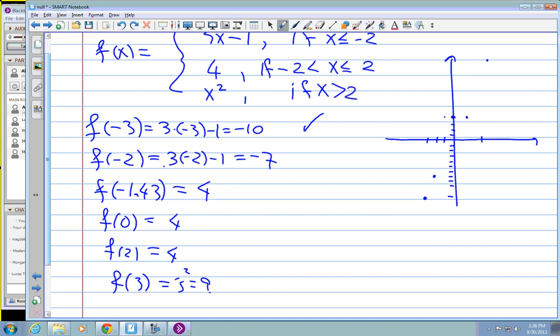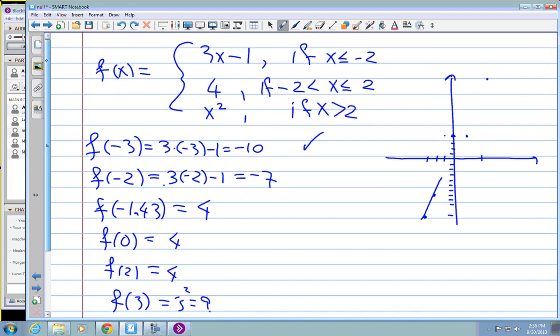I'm not saying that's all you need, but you know it's going to go on a straight line first. That first part, 3x minus 1, is a straight line. The slope is 3. How far is it going to go? Where is it going to stop? At negative 2, so it actually stops right here. I extended it a little too far.